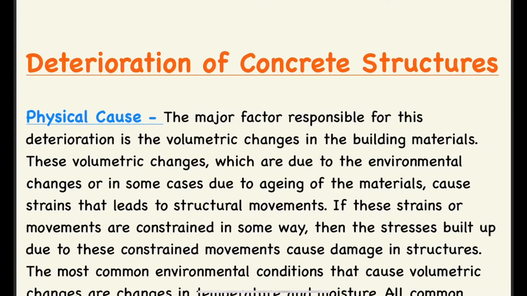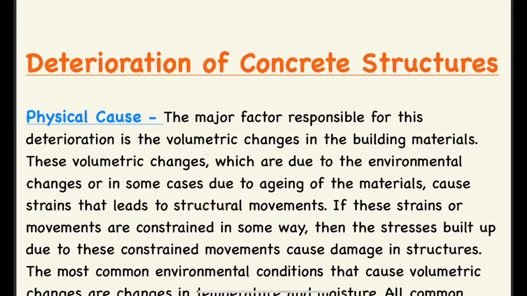Means there is a change in the volume of the building material. Understood? Okay. These volumetric changes, which are due to environmental changes or in some cases due to aging of materials, cause strains that lead to structural movement.